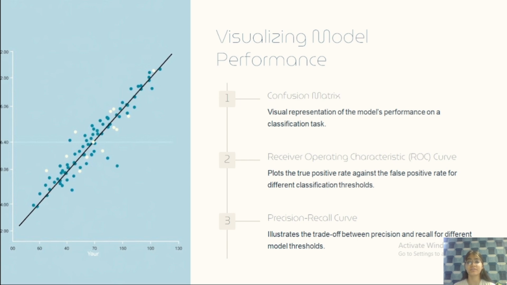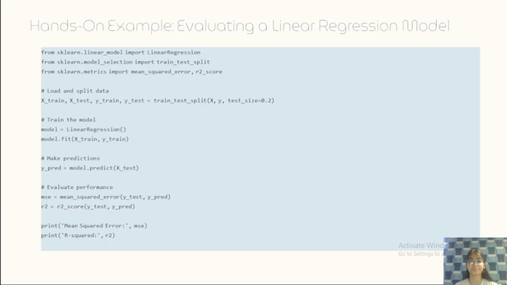Next we have the receiver operating characteristic curve, that is ROC. It plots the true positive rate on the y-axis and the false positive rate on the x-axis, and represents a curve for classification thresholds. The third one is the precision-recall curve. It illustrates the trade-off between precision and recall for different model thresholds.